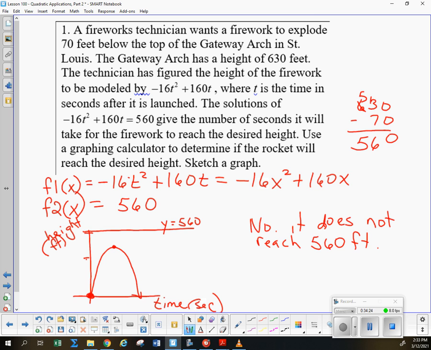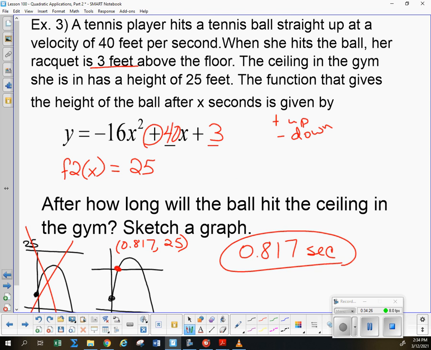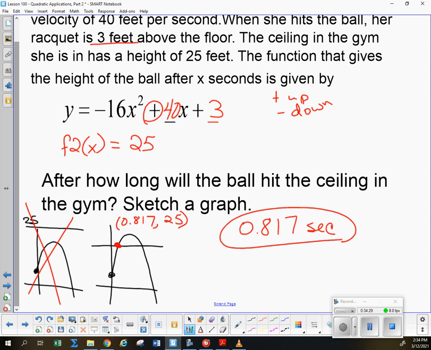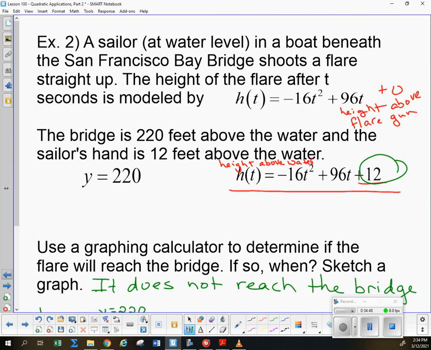And I said I was going to go back and label my axes on these other ones. So this one should have been, get everything that I need labeled here. I should have labeled my 3 on this one, and this was my height in feet, and this axis was time in seconds.